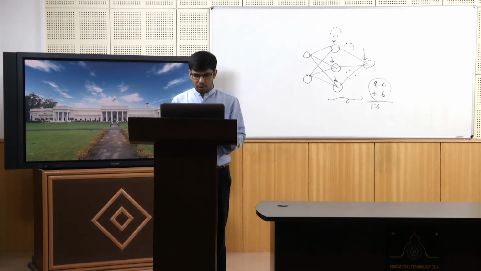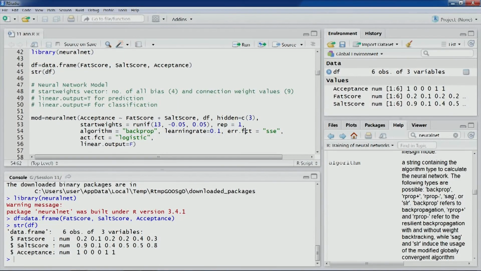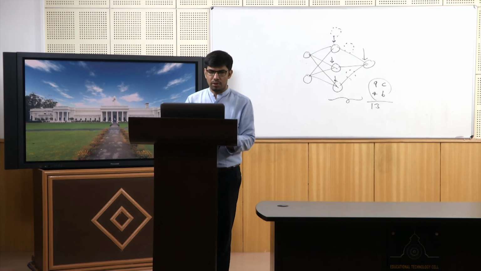Now we have error.fct. This function can be used to check the overall model error, and this is SSE. Then we have act.fct. This is the activation function, which is nothing but what we have been calling the transfer function.